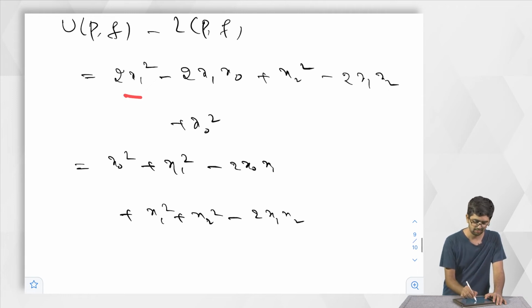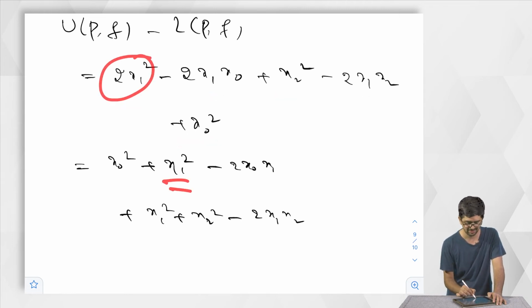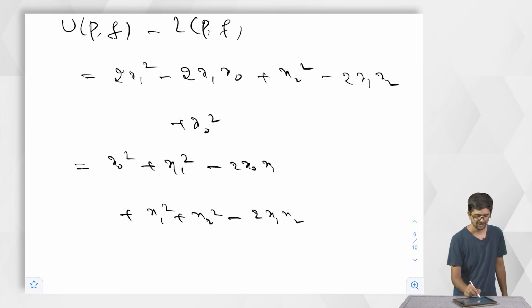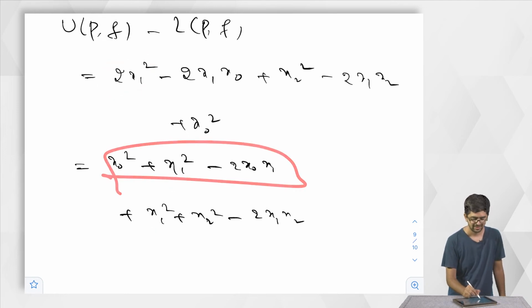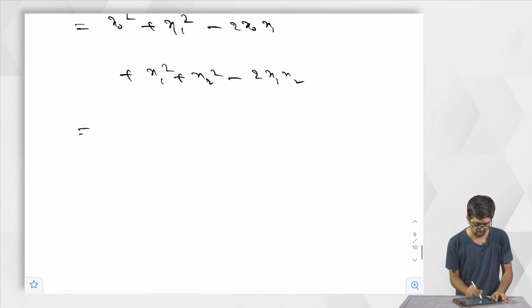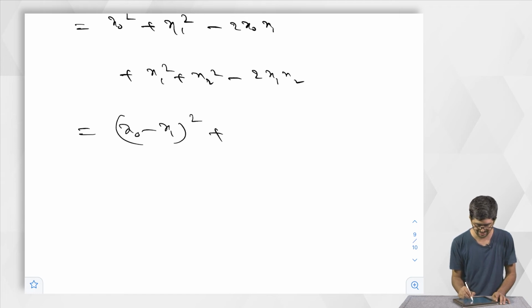I am just writing the 6 terms, 1, 2, 3, 4, 5. So this I am writing as x1 square, and that is all. This is x0 minus x1 whole square. This is x1 minus x2 whole square. So this is equal to x0 minus x1 whole square plus x1 minus x2 whole square.